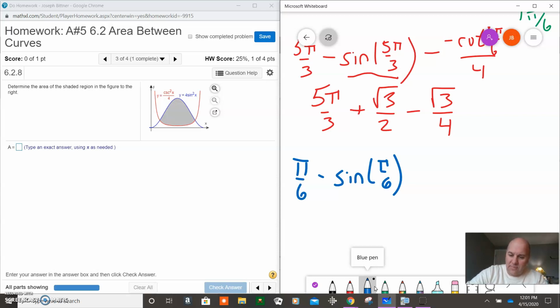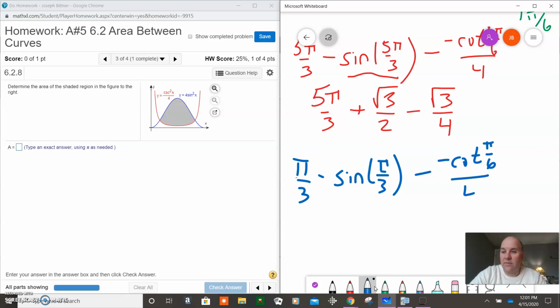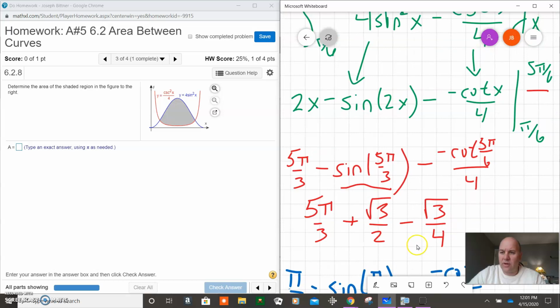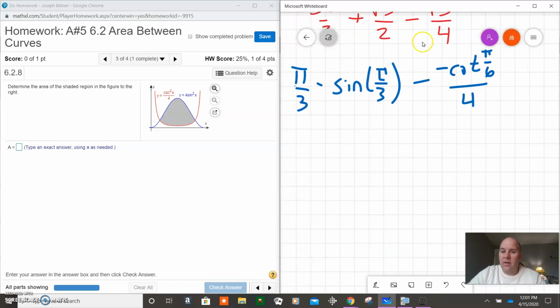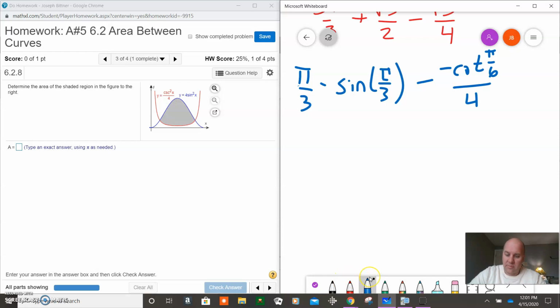This will actually be pi over 3 minus negative cotangent pi over 6 divided by 4. Let me check everything there, make sure I have all of my notation correct.